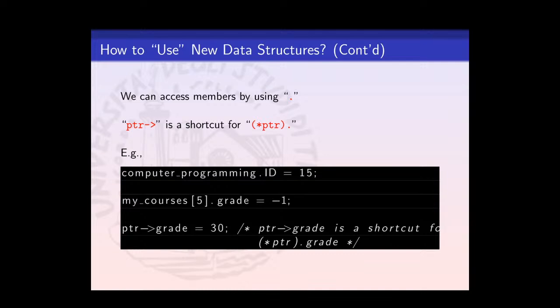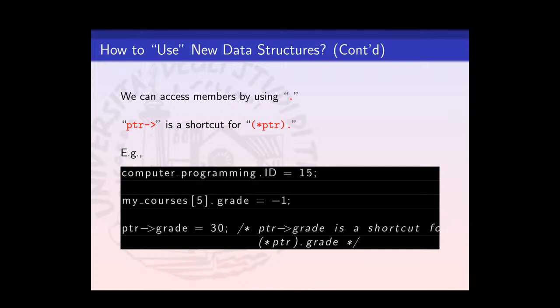However, from the syntactic point of view, this is quite a difficult way to specify that I want to access that specific member. So the C programming language provides you a shortcut for this notation, which is the arrow notation. So the arrow notation means take this pointer and look at the member in the instance of the object pointed to by this pointer.